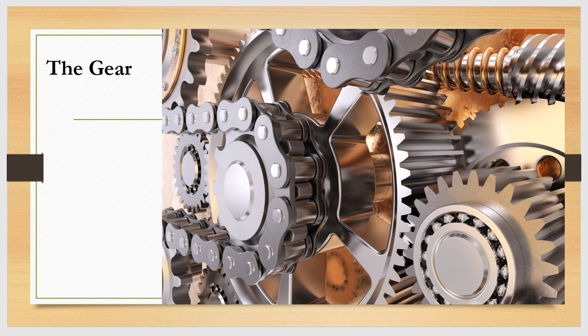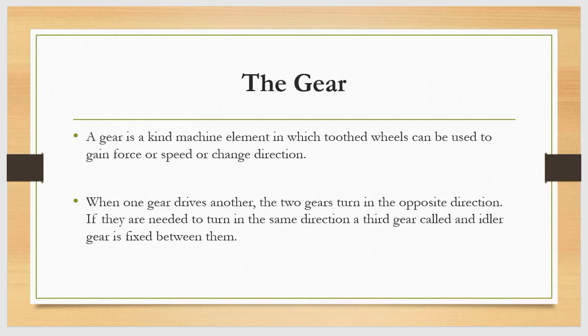The gear. You can see over here there is a picture of a gear. A gear is a kind of machine element in which toothed wheels can be used to gain force or speed or change direction. Toothed wheel means the wheels have teeth.